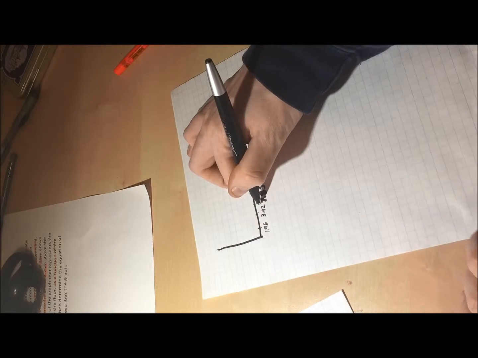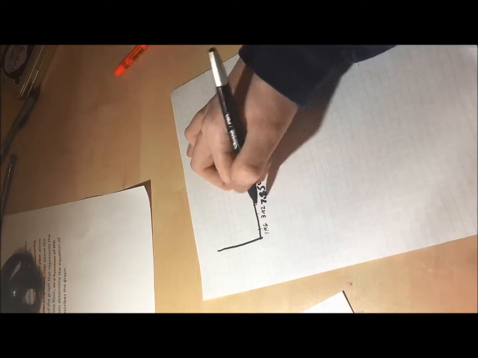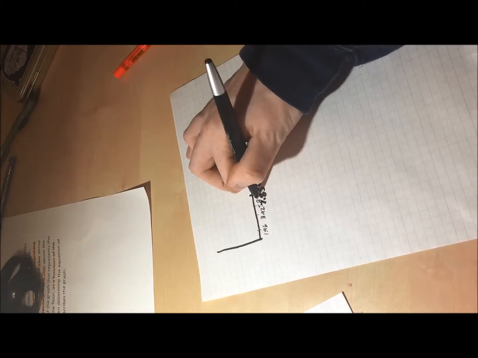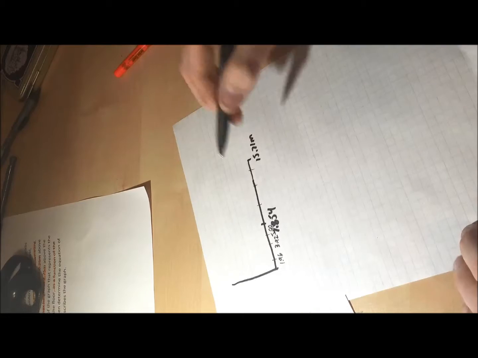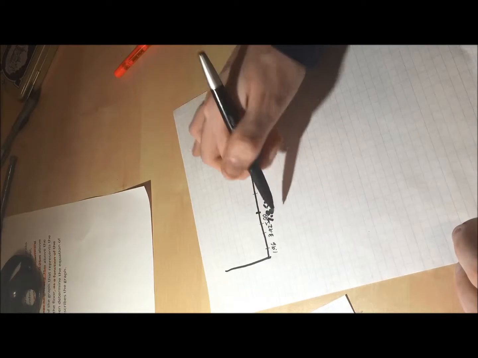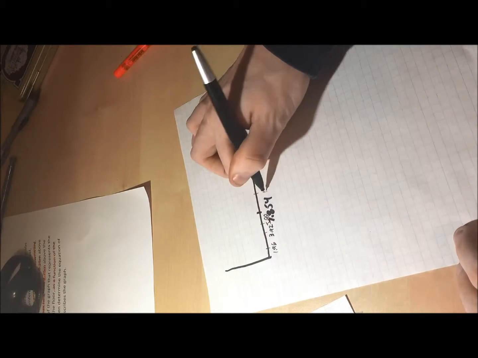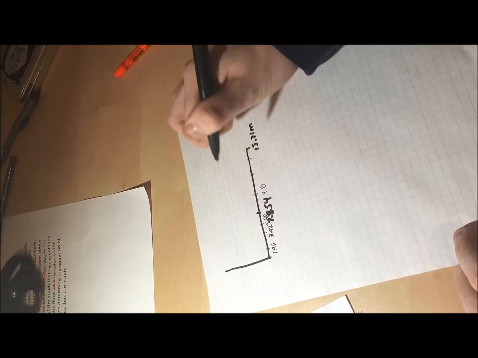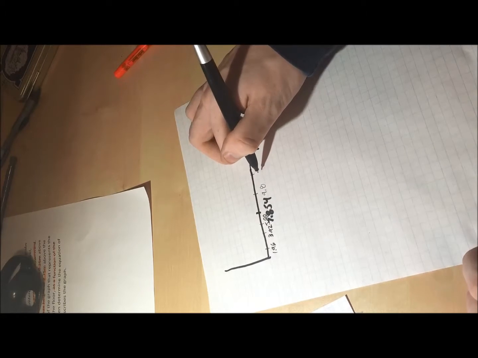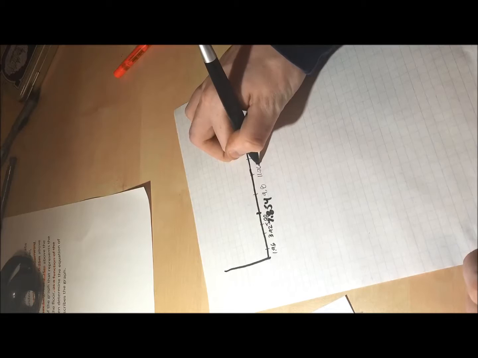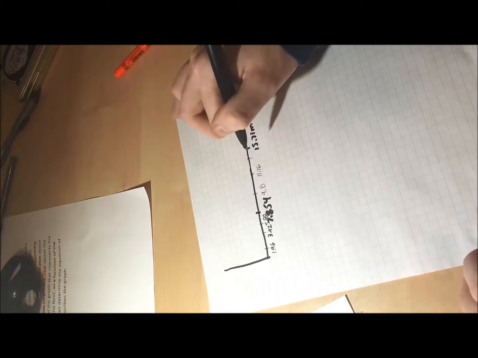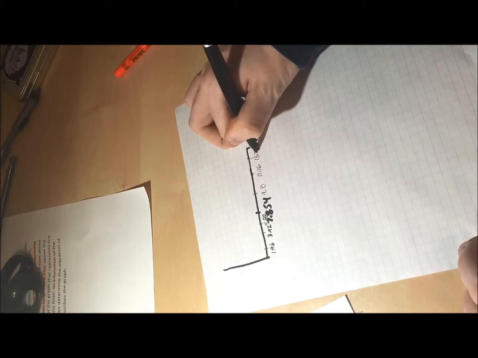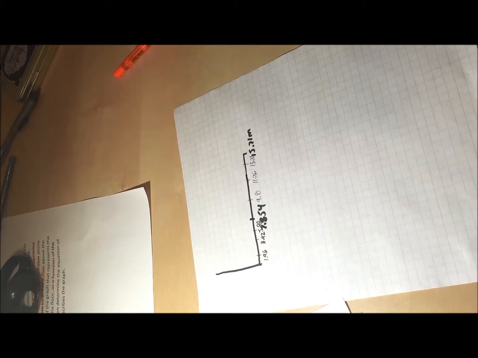Then we will put this value right here, which is 5.88. And now, putting in some more points, we have 9.8, then 11.76, and our last point will be 13.72.